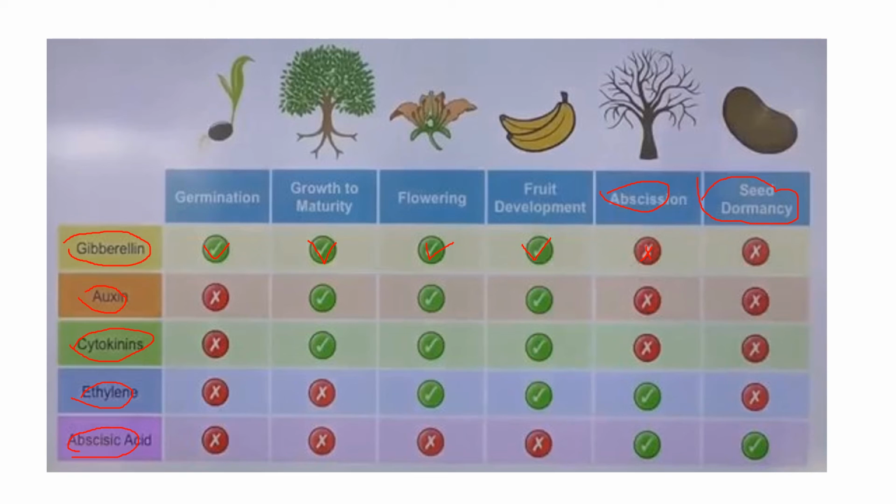What is seed dormancy? Rapid cell division in the seed takes place only when there are favorable conditions. Here abscisic acid, which is released by phytohormones, stops this rapid cell division in the seed, and the seed will not grow.